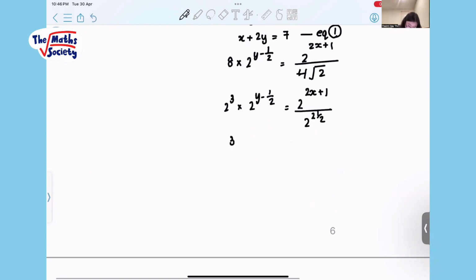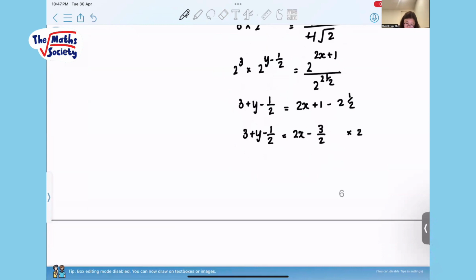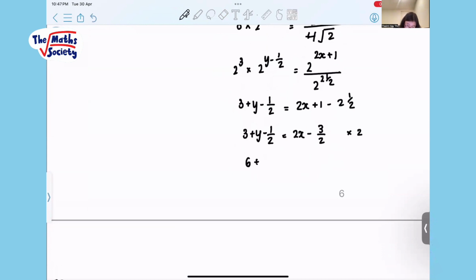So you have 3 plus y minus 1 by 2 equals 2x plus 1 minus 2, 1 by 2. So you have 3 plus y minus 1 by 2, 2x minus 3 by 2. So let's multiply by 2, so everything's going to be the same. So it's 6 plus 2y minus 1, 4x minus 3.